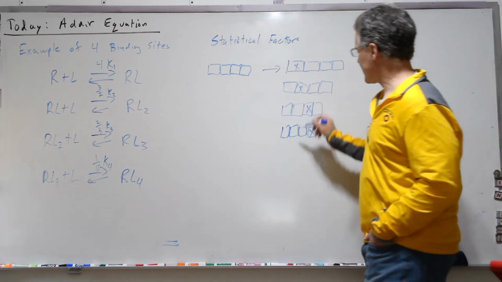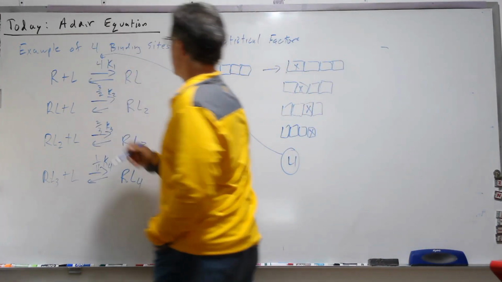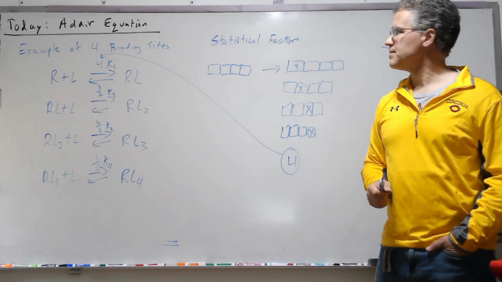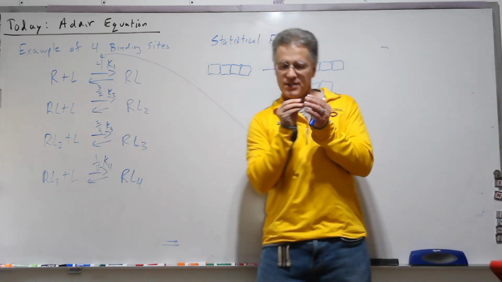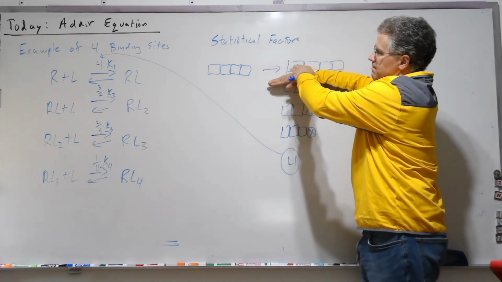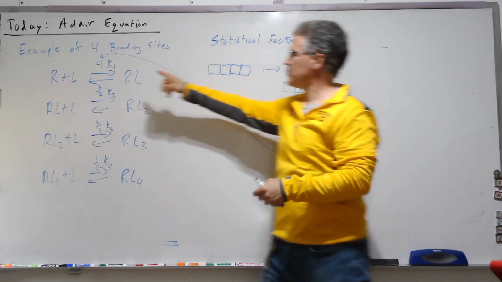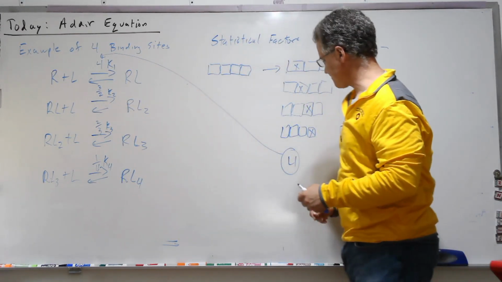So that's where this factor of 4 comes in to our equilibrium constant. So this equilibrium constant is for doing this, and then we have a statistical factor of 4 possibilities for that. So that's pulled out of the equilibrium constant.